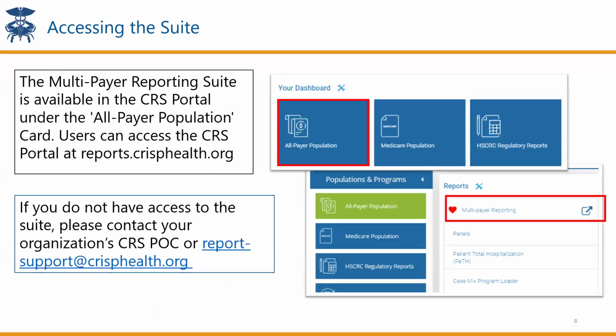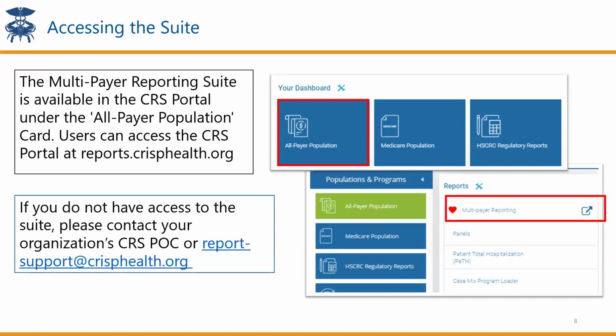To access the reporting suite, you will go to reports.crisphealth.org. You'll be welcomed to the CRISP Reporting Services portal homepage. On the homepage, you'll see a box that has the All Payer Population card on it. You'll click into there and the multi-payer reporting suite should pop up under the reports.